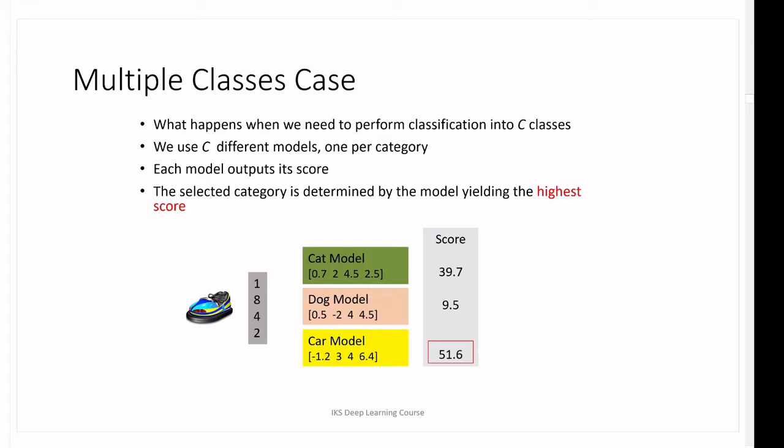So the cat model produces 39.7, dog model produces 9.5, and car model gives us 51.6. 51.6 being the highest score. So we say, all right, on the input, what we are looking at is a car or a pattern that represents car. So that's how we will deal with multiple classes.